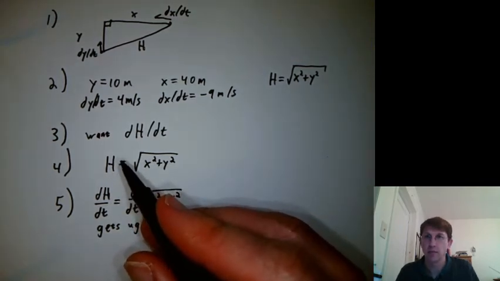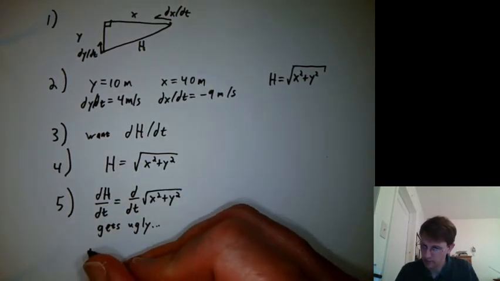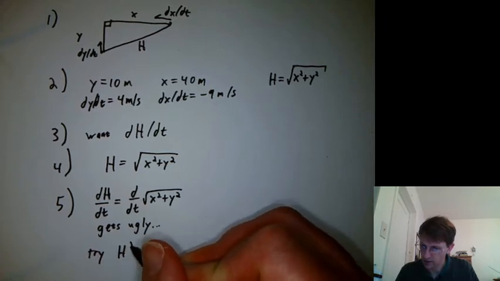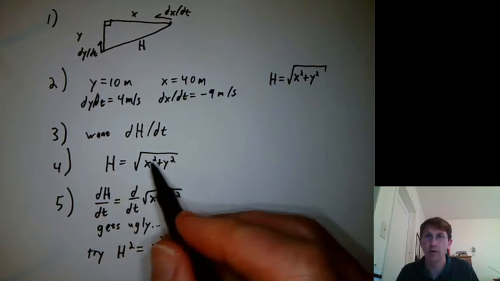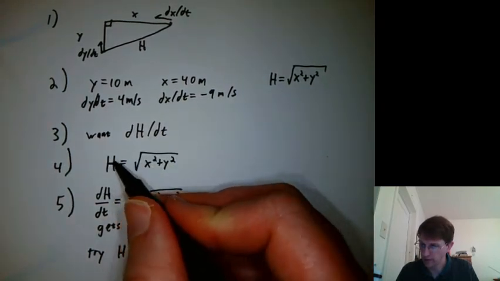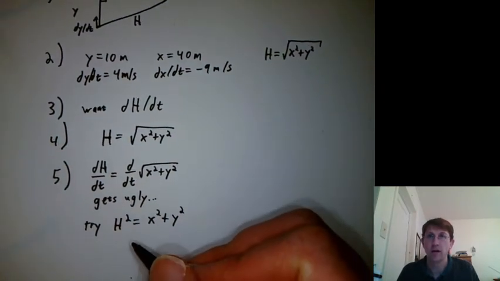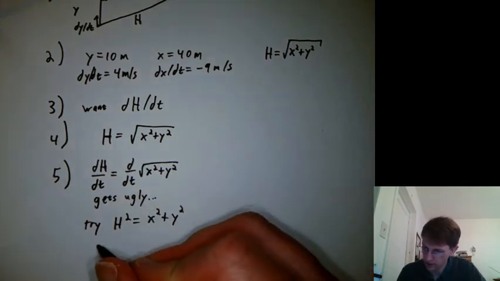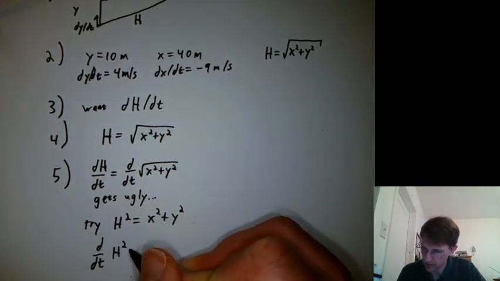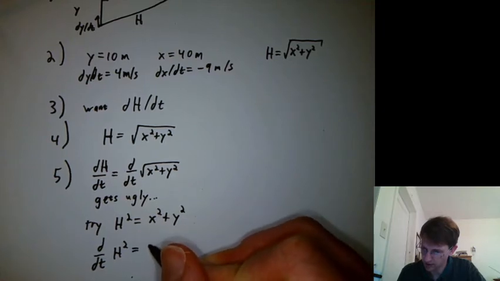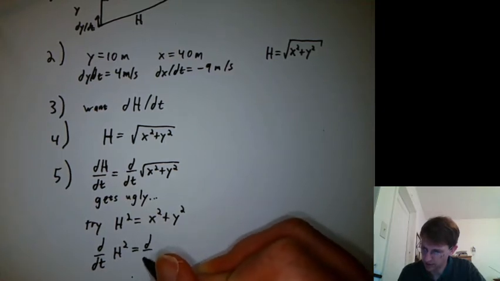Another way to think of the hypotenuse is to just say, well, h squared is x squared plus y squared, just squaring both sides of that formula, right? So now, how about taking the derivative? So we'll say d/dt of h squared equals d/dt of this whole thing.